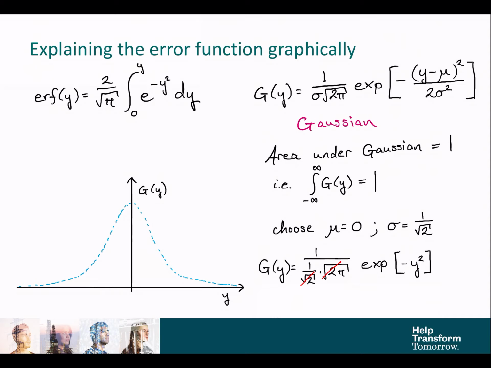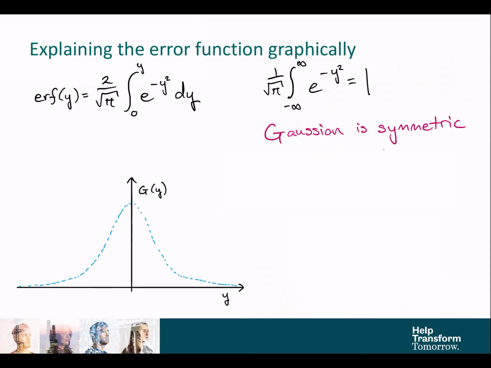And now, if we integrate this expression for the Gaussian from negative infinity to infinity, it will equal 1. But it's also starting to look a little bit closer to our error function. No surprise.